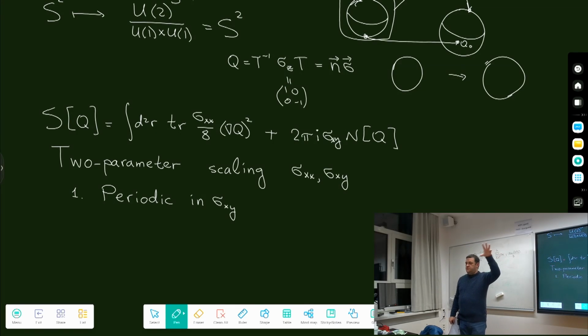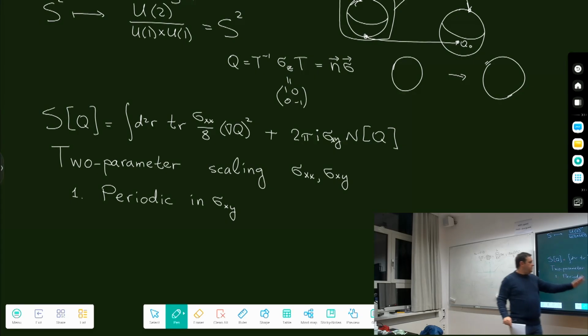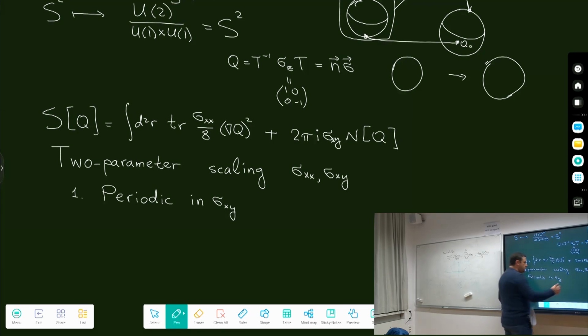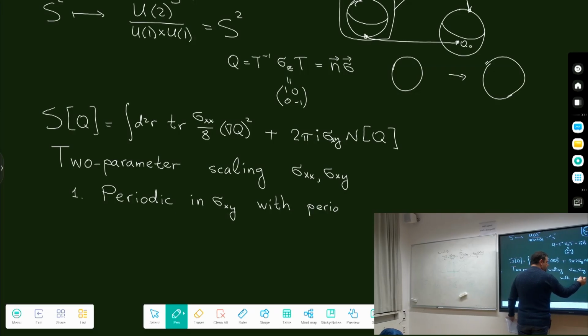The partition function is the exponent of the action, so adding 2 pi i times an integer doesn't change the exponent. That's why adding any integer number to sigma xy has no observable consequences. I can even write it with period 1.